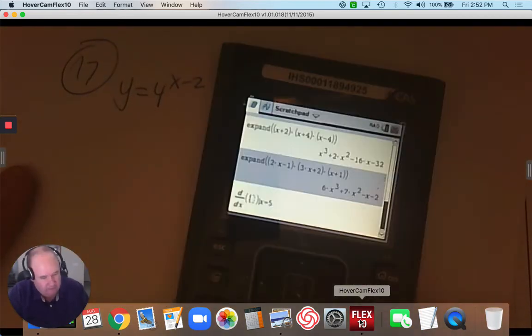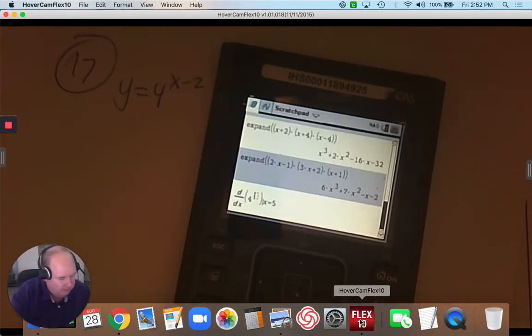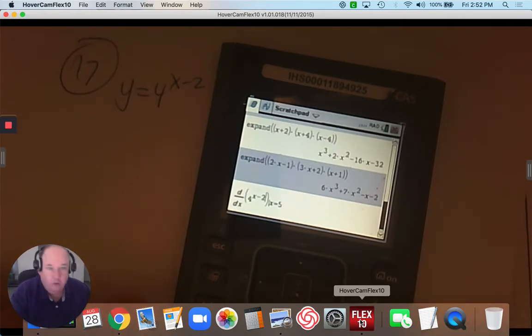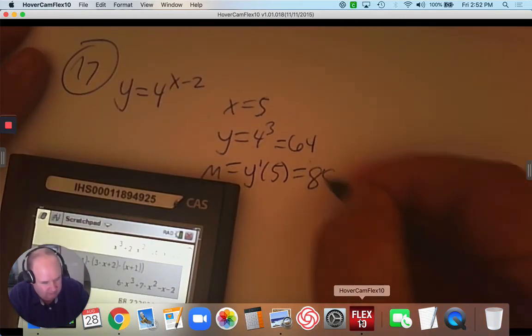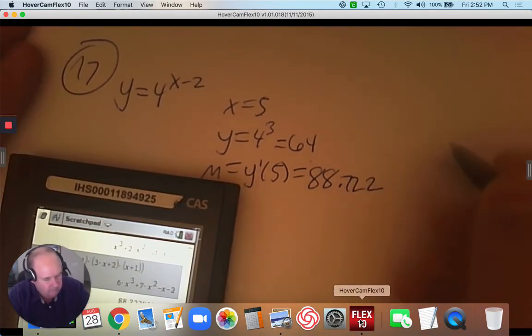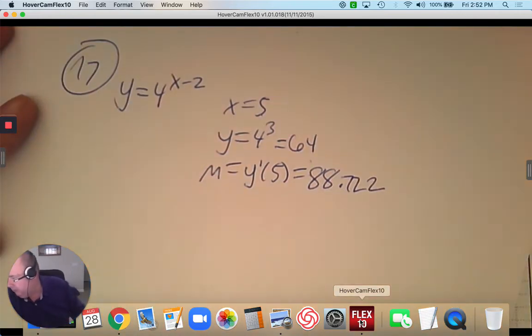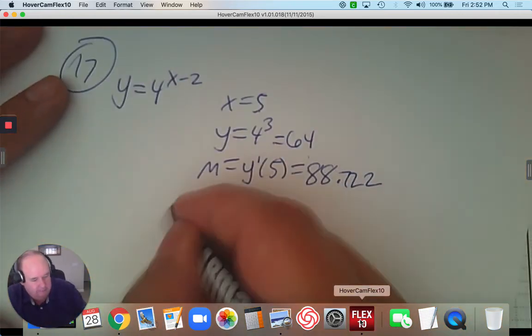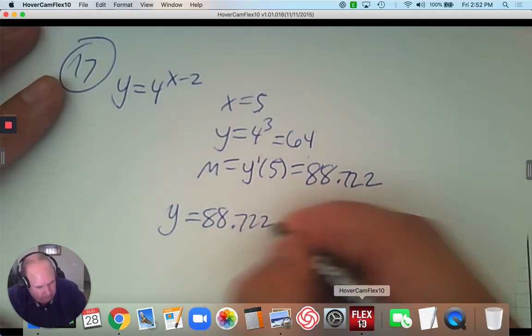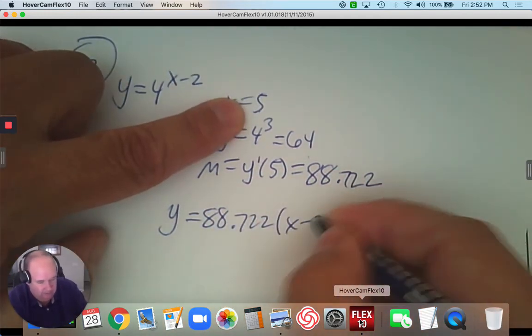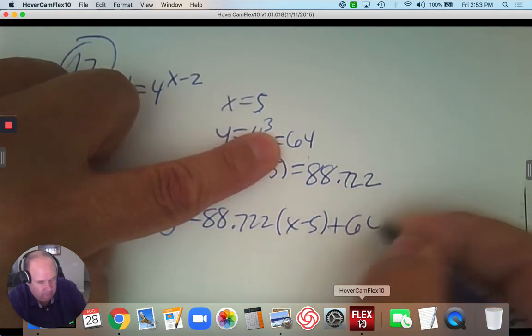Then I would just type in 4 to the exponent x subtract 2. Control enter. 88.722. You don't have to round. And then put it together. Y equals the slope, 88.722, x minus 5, plus 64. Done.